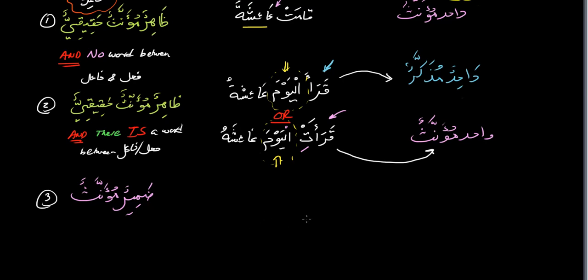Let's give an example. ضمير مؤنث. المؤلمة. Okay, let's take 3 examples. المؤلمة, مؤلمة, the teacher.